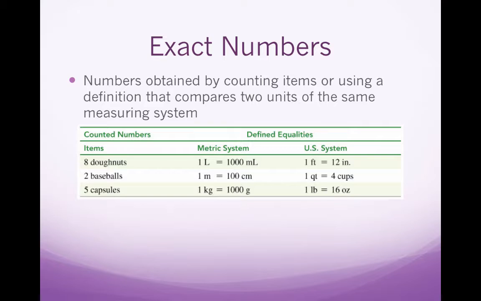A kilogram equals 1,000 grams. In the US system, 1 foot equals 12 inches. 1 quart is 4 cups. 1 pound is 16 ounces. These are just defined equalities. They're exact numbers. We did not take a measurement to get these numbers. These do not count towards significant figures when you're doing a calculation.